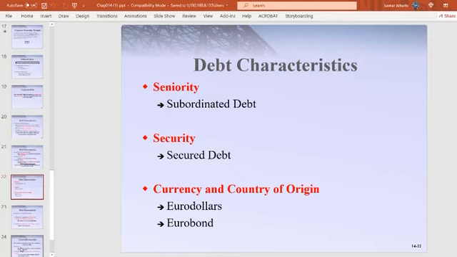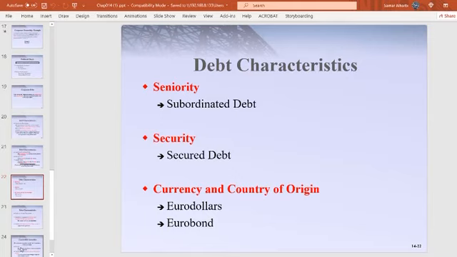get anything. Now, what do you mean by security? Security means whether the debt is secured or unsecured. That means if you are buying land, are you giving any other assets as a security to borrow that money?